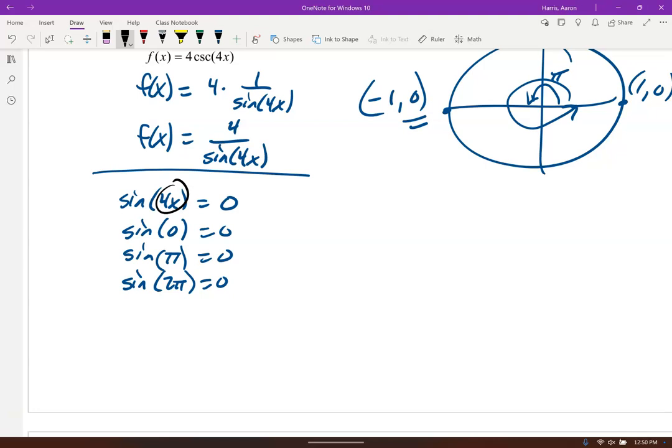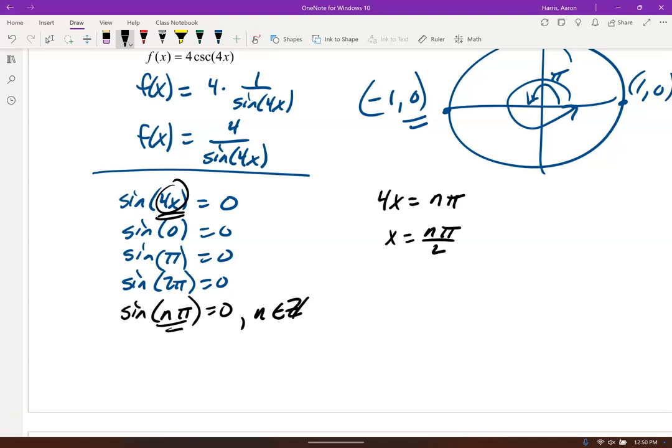So let me just sum that up. That'll be n pi when n is an integer, right? n could be 0, 1, 2, 3, or -1, -2, -3, and so on. So I'm going to say 4x equals n pi. When does 4x equal n pi? Then I'm going to divide both sides by 4. n pi over 4.